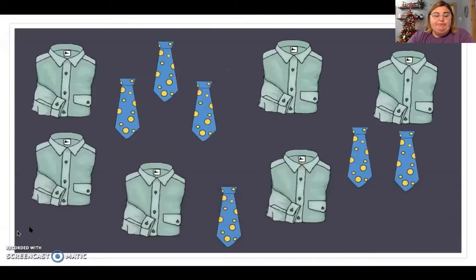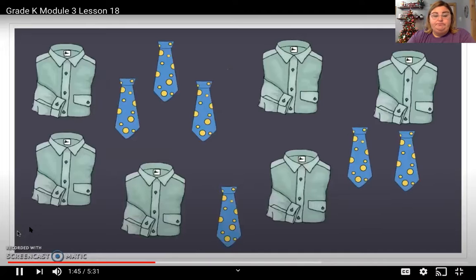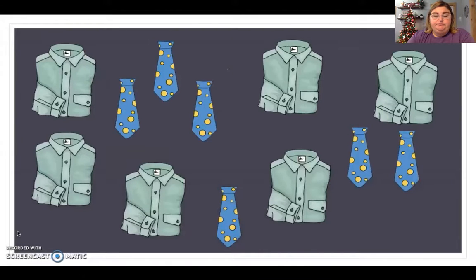All right, here I have a whole bunch of shirts and ties. Now, the thing about comparing is that when you have a piece of paper where you're comparing, you can't get them up and get them moving like I did the coins. What was a good strategy to compare? Yeah, you could draw a connecting line with your pencil.